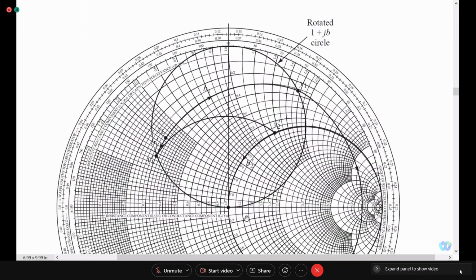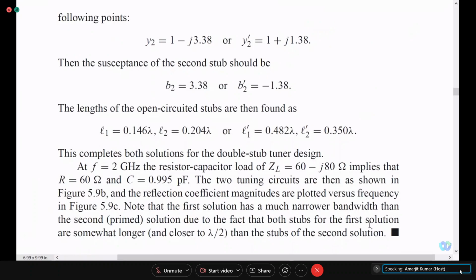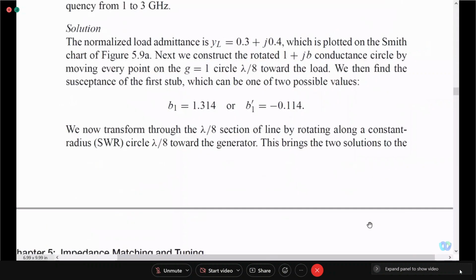V1 dash is here. It is basically here, it is 0.28. 0.28 minus 0.40, it is minus 0.12. I have taken 12.